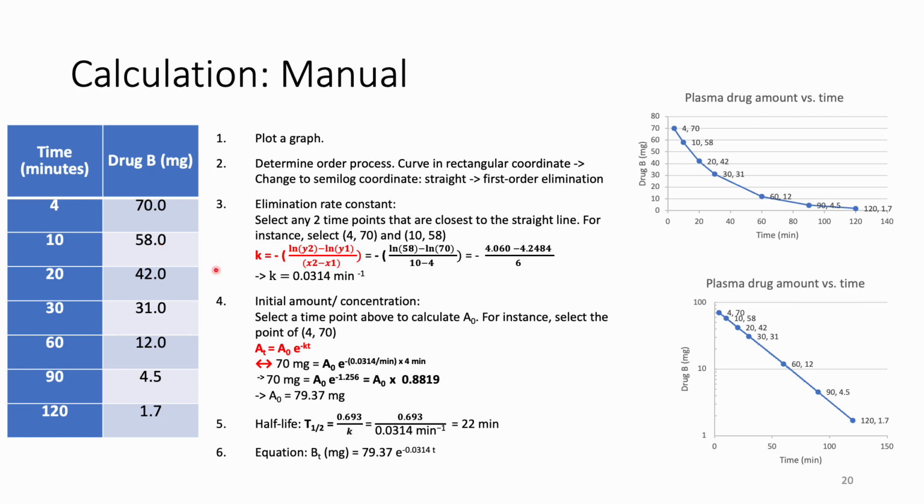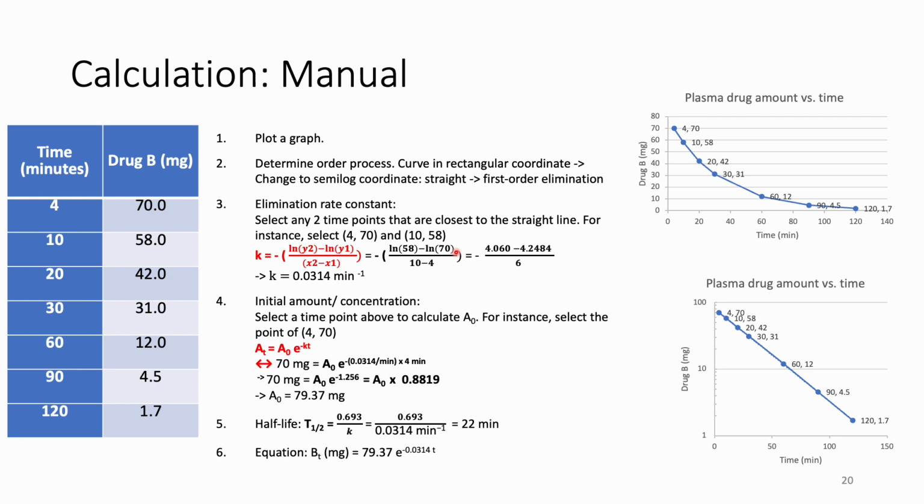Then I calculate the elimination rate constant k equal to minus natural log of y2 minus natural log of y1, divided by x2 minus x1. So y2 here is 58, y1 is 70, x2 here is 10, and x1 is 4.